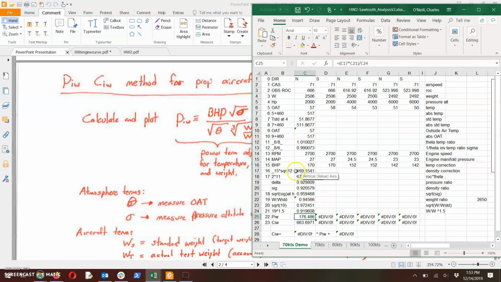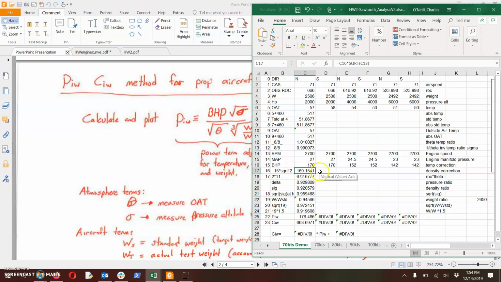We pre-multiplied it by the square root of the temperature. And we've got that temperature ratio. And then density ratio. And then we're multiplying it by the density, which is C21. And dividing by C24. Okay?